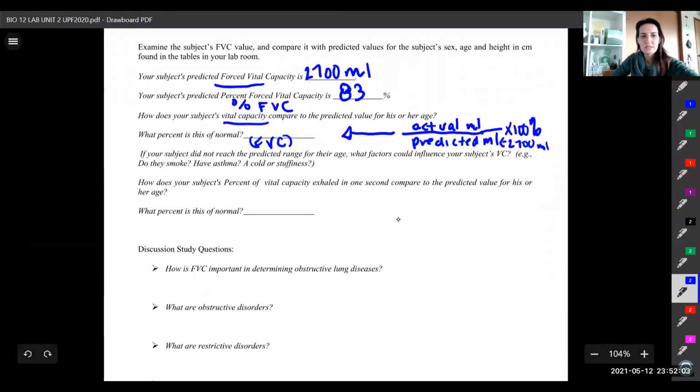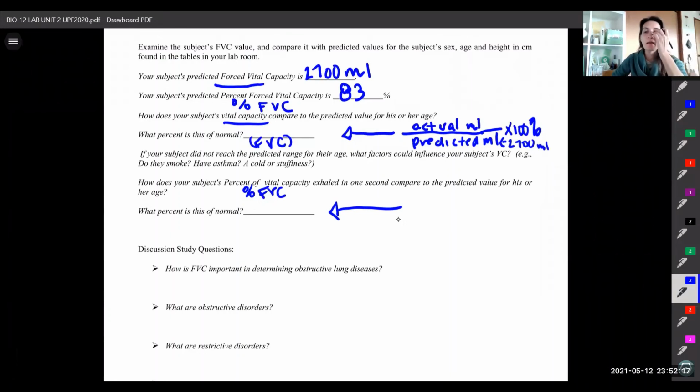This last one here for the calculation is for the percent vital capacity, percent FVC, the FEV1 over FVC ratio. Okay. What percent of normal is that percent is the idea. What percent of normal is that percent for the actual measurement?